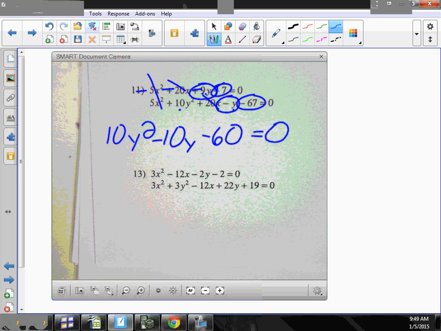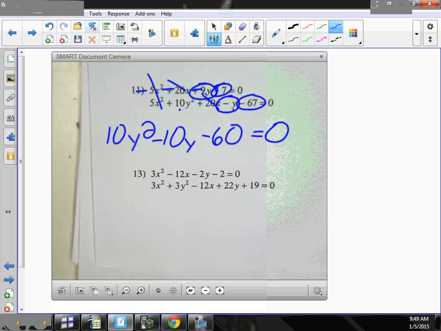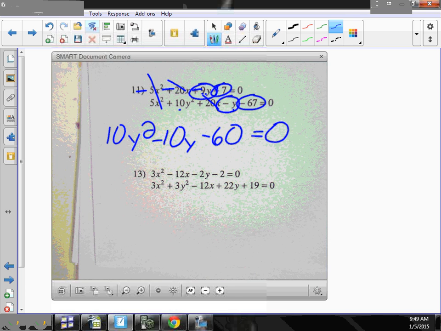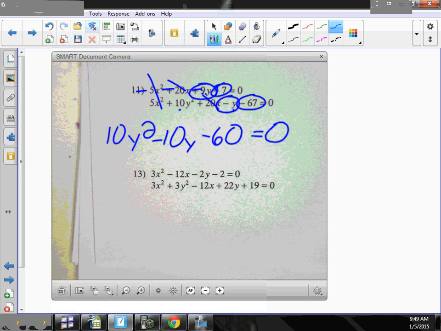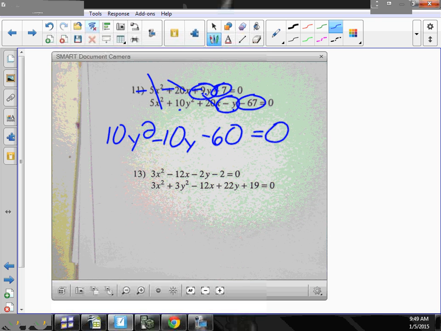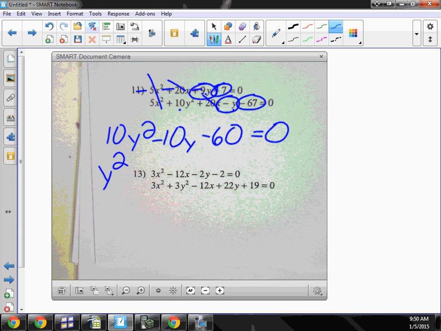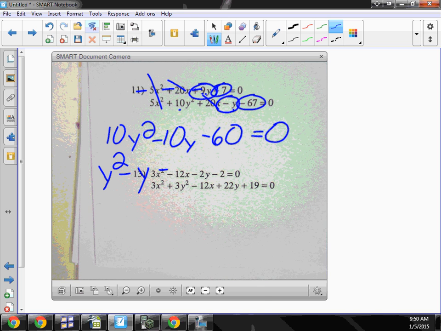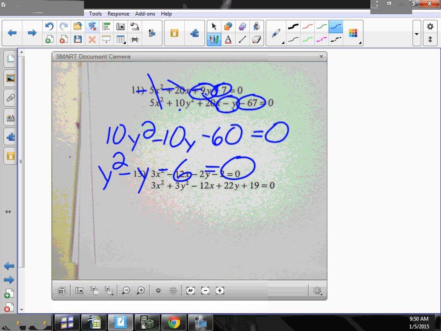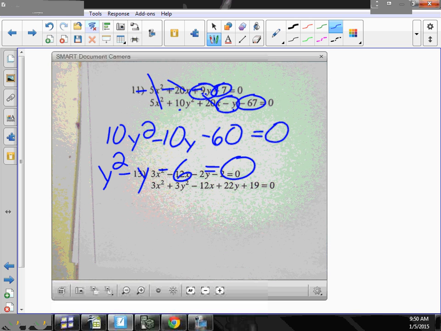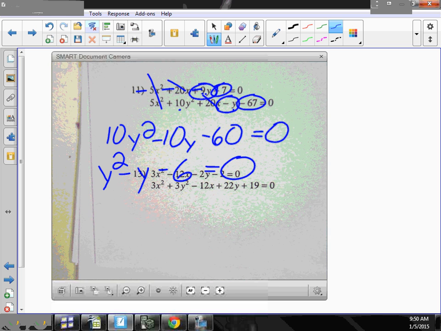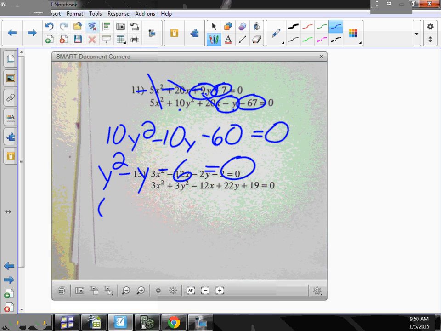How come? I can divide by 10. So that's a really good sign on this worksheet. So divide by 10, y squared minus y minus 6 equals 0. So I've simplified it down to a quadratic. Let's factor it.